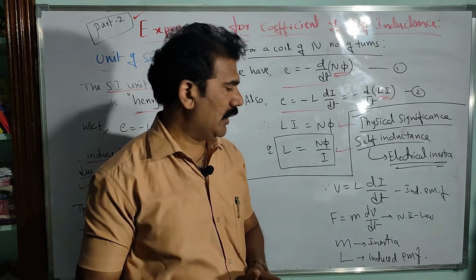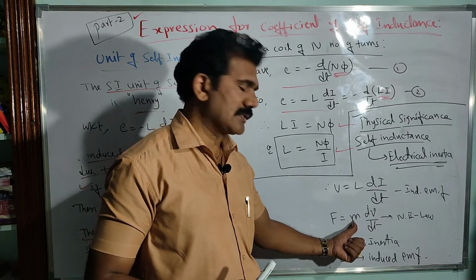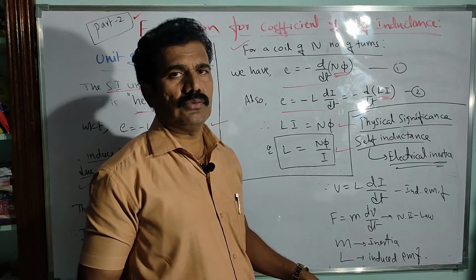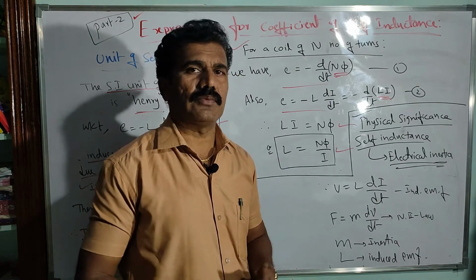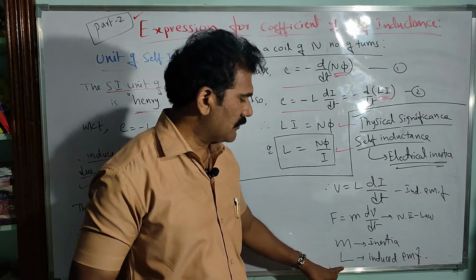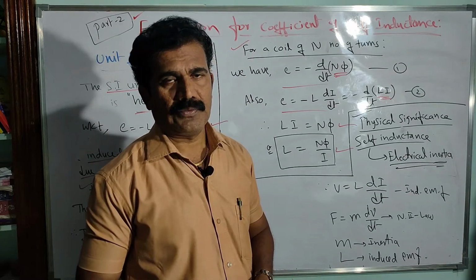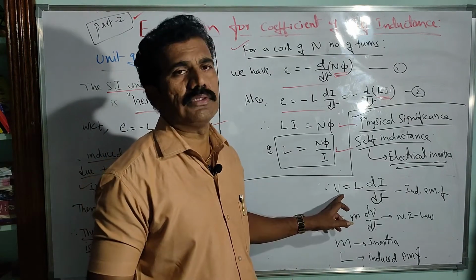So applied force basically depends upon mass in case of mechanical inertia. In case of electrical circuits, in order to produce induced EMF, the larger EMF produced depends upon the self-inductance of the circuit or coil. So larger the self-inductance, larger the EMF produced in the coil.